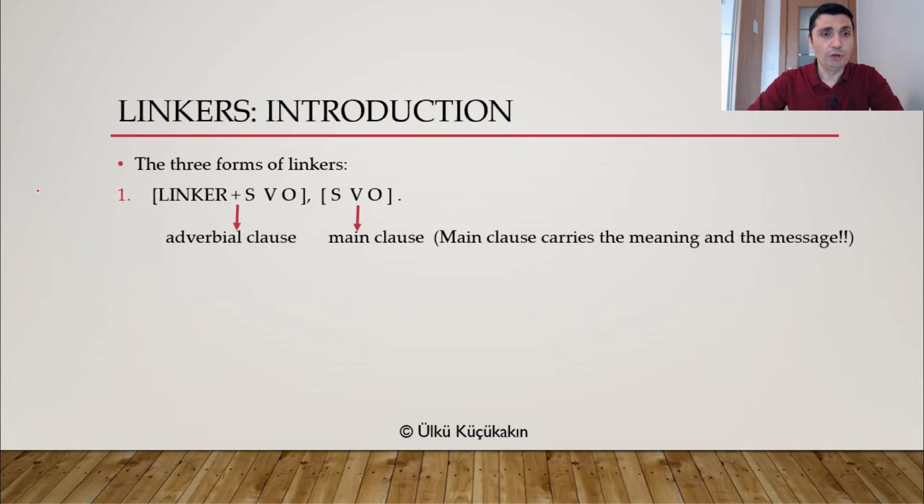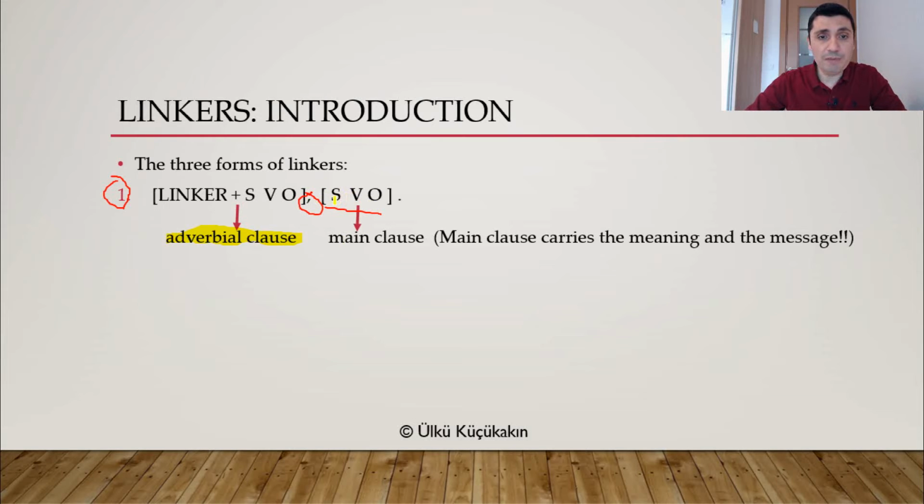All right. So first form, we are going back to the first form. Linker plus full sentence, comma, full sentence form. So in this form, linker plus full sentence part is called adverbial clause. All right. So this part is called adverbial clause.